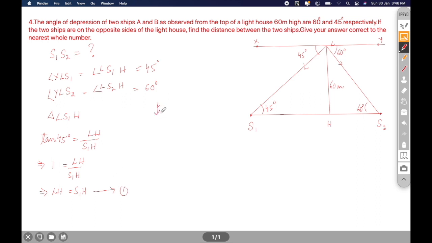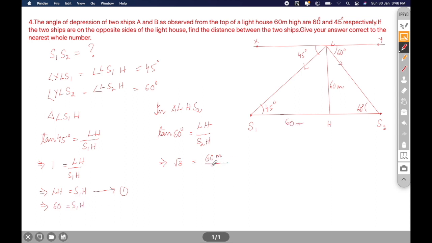In the other right angle triangle, that is in triangle LHS2, we have tan 60 degree equals LH by S2H. Tan 60 degree is root 3 and LH is 60 meter. So here in equation 1 also we can write S1H is 60 meter.